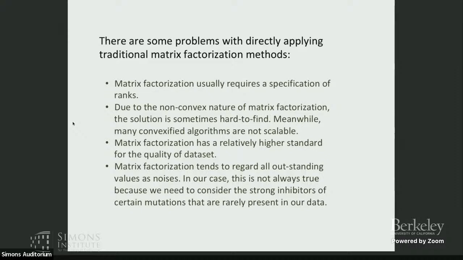Like, we don't really know what the rank is before we do the analysis, but for such methods we need to specify the ranks. Also, the non-convex nature of matrix factorization itself introduces a lot of challenges.